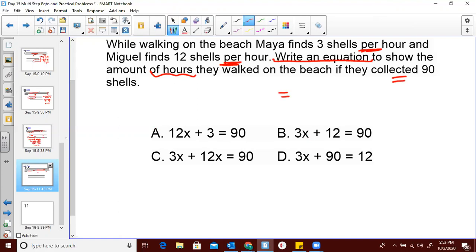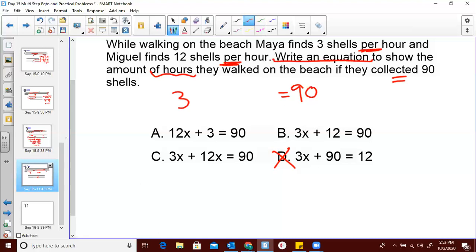So I know that my equal sign is 90, so I can get rid of D. But I have these two pers. Every time I see one of our action words, one of the words that we're looking for, one of our key terms, there's usually an x there. Well, I know it's going to be 3.